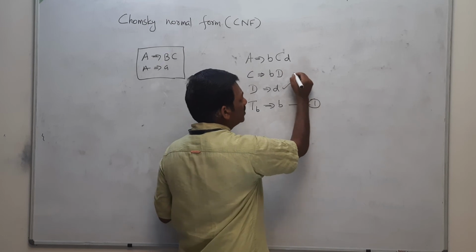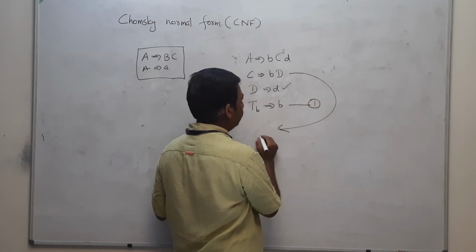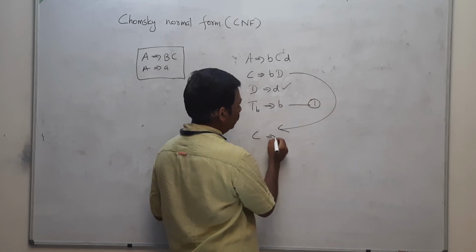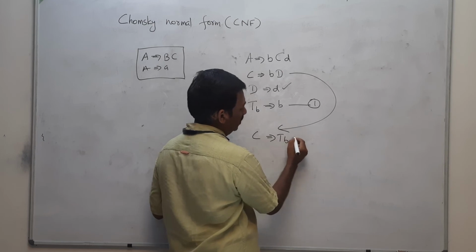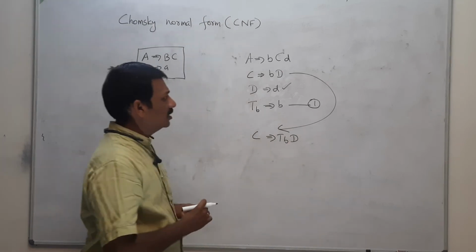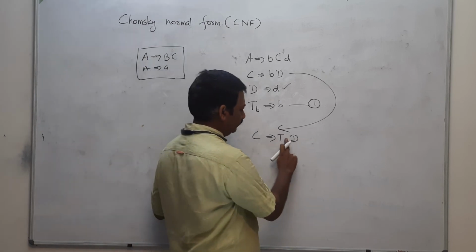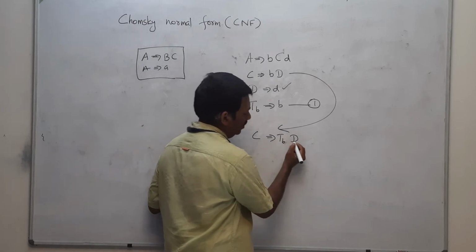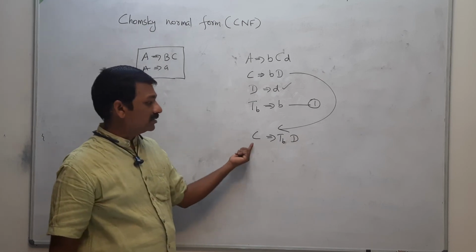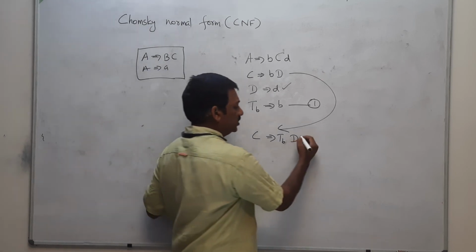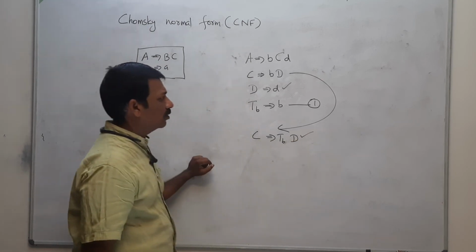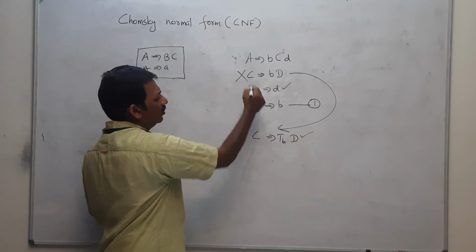That means C derives TB D, where TB is a single variable followed by D. Now this also is a valid Chomsky normal form grammar.